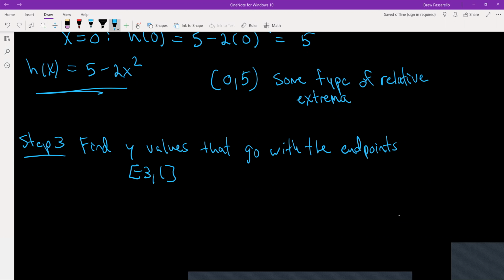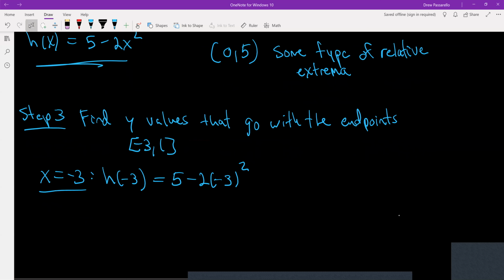So if we plug in negative 3, that's equal to 5 minus 2 times negative 3 squared. This is equal to 5 minus 2 times 9, so 5 minus 18, which gives you negative 13. That's the y coordinate that goes with the x coordinate negative 3.